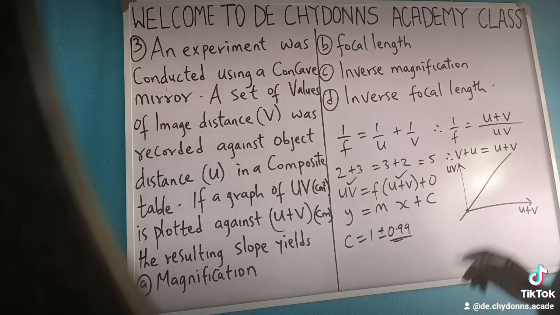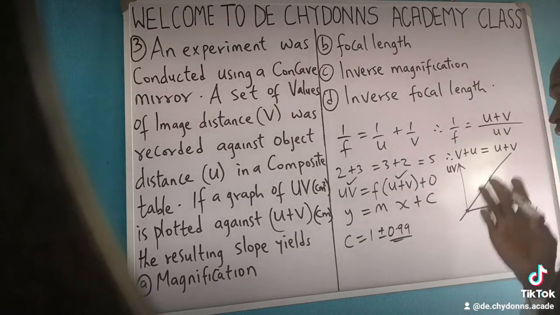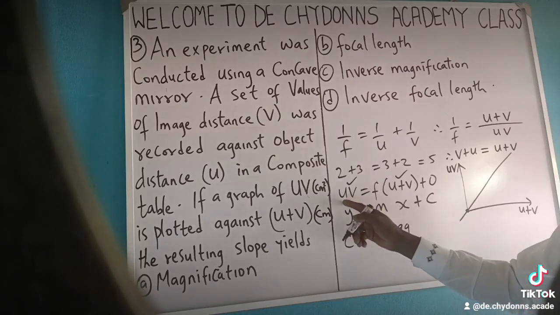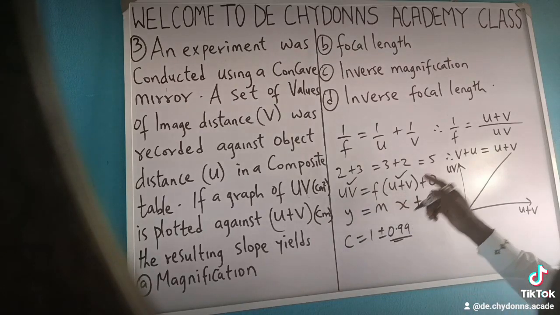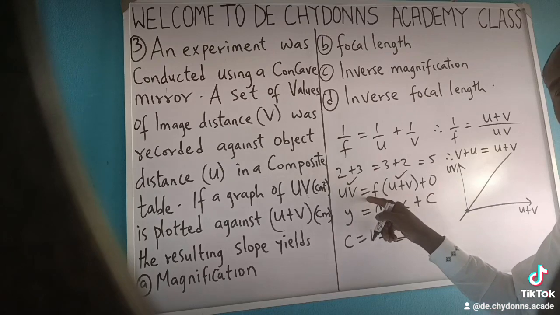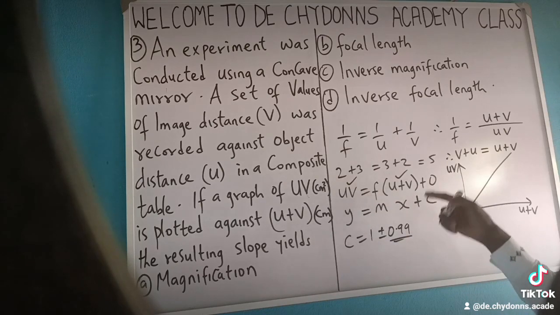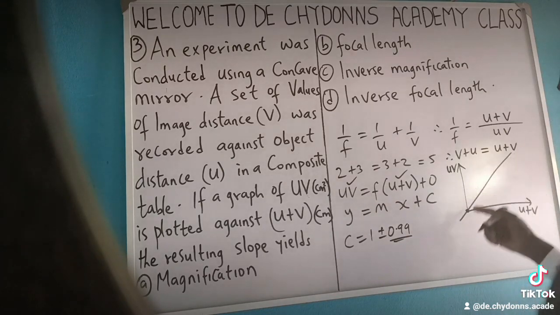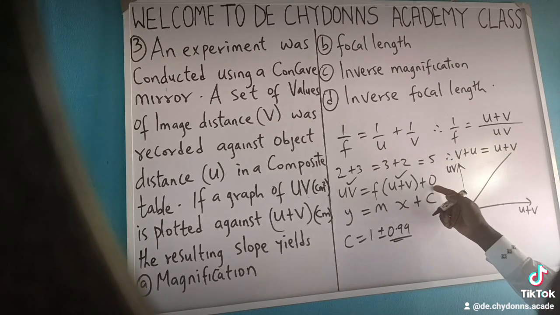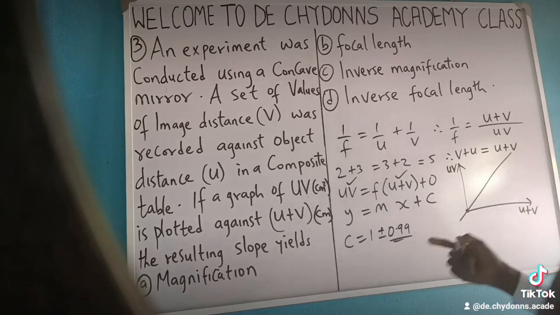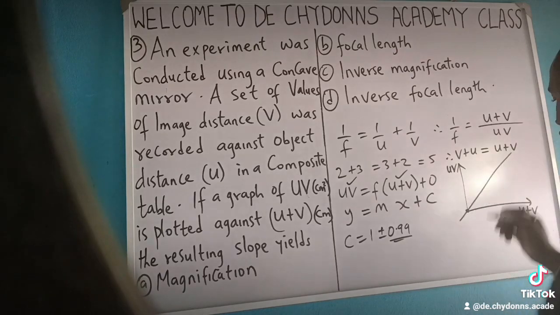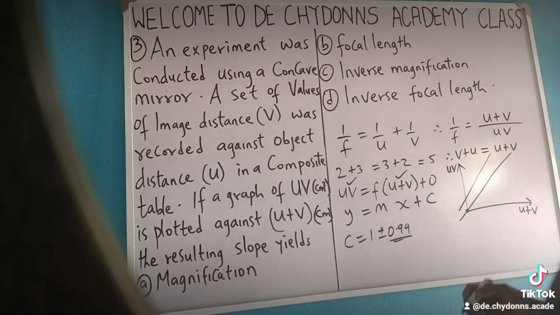So what are we saying in essence? When you plot the graph of uv against u plus v, the slope will be the focal length, and the intercept is meant to pass through the origin. That means the theoretical intercept should pass through the origin. But if yours didn't pass through the origin, it doesn't mean you are wrong.